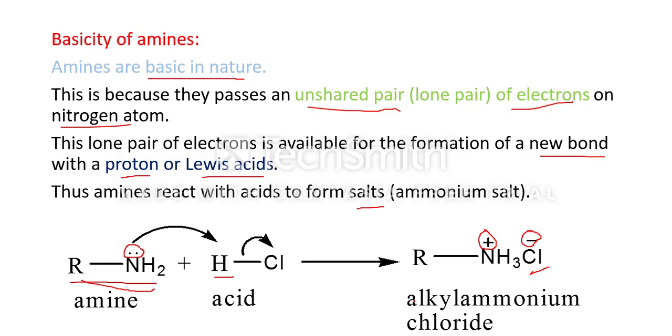This is alkyl ammonium chloride. The amine reacts with acid, here taking hydrochloric acid as an example, to form alkyl ammonium chloride. Why is this onium? Because of the ionization or positive charge, that's why ammonium. Everyone clear?